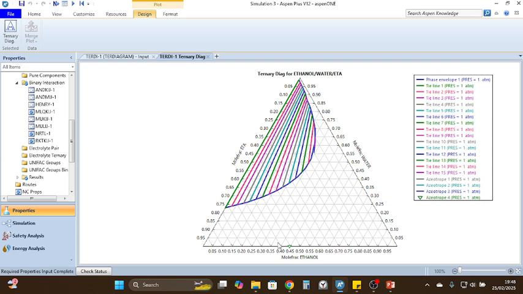First, tell me whether it's a binary azeotrope or a ternary azeotrope. Binary azeotrope, sir. And what is the concentration of the 3 components? Ethanol is 0.45, sir, and water is 0.55, sir. Right.